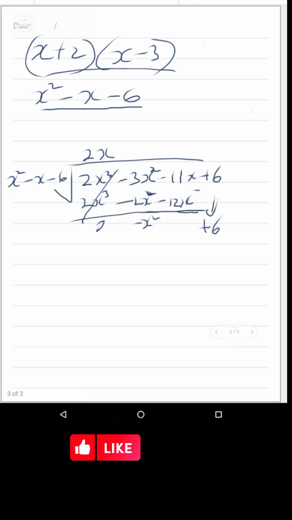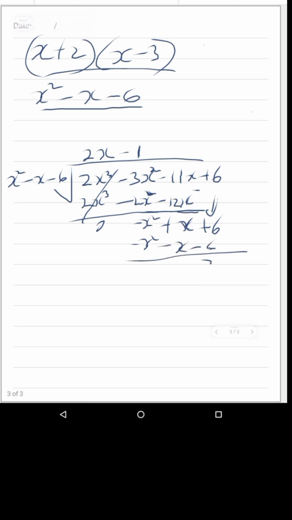That's why here we are getting plus x. So now multiply everything by negative 1, and we get negative x squared, subtract x, subtract 6. So all this cancels, we get 0.